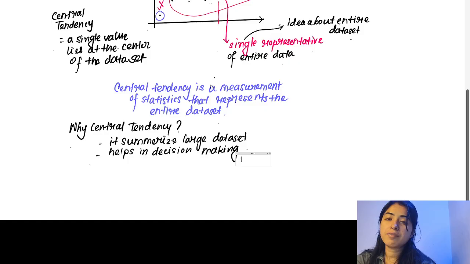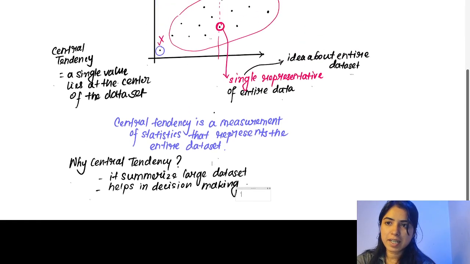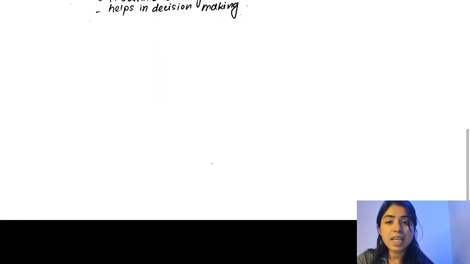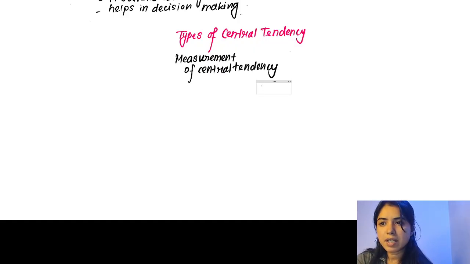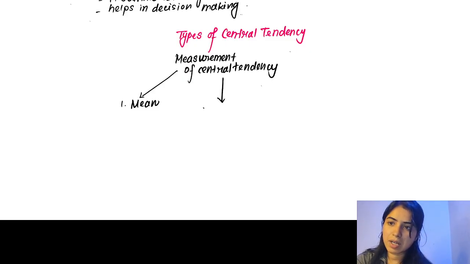Now, the types of central tendency. We have three types of central tendency. Let's classify the measurements. The first measurement is mean, the second is median, and the third is mode.